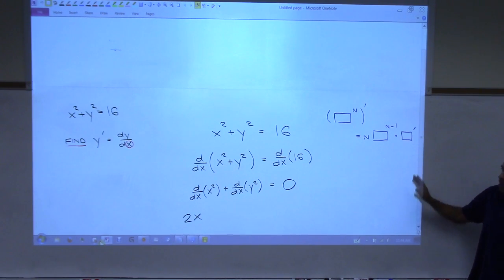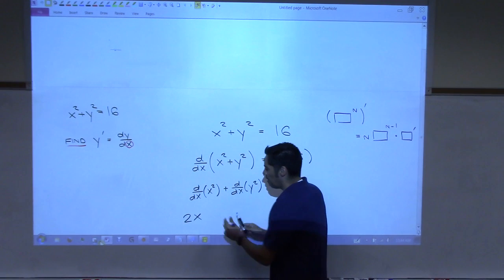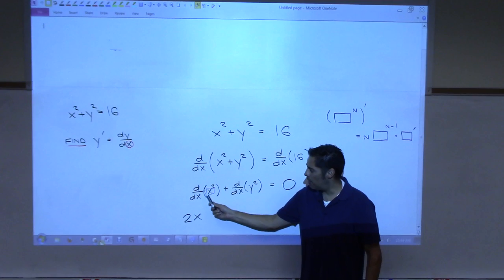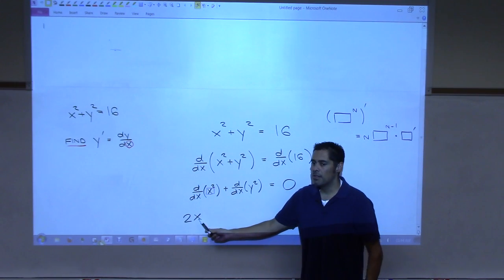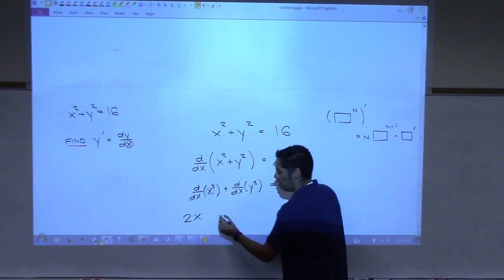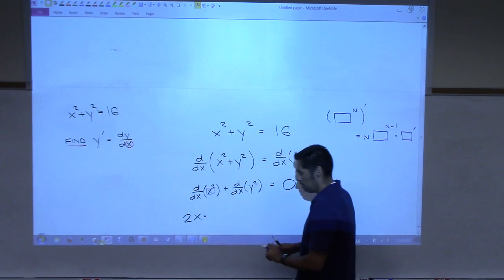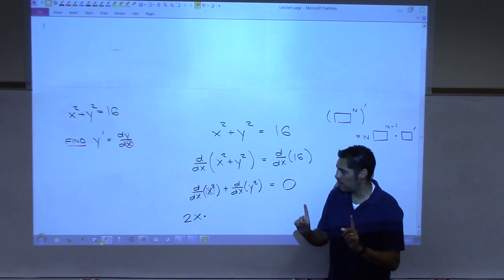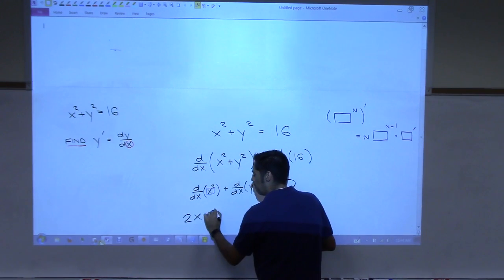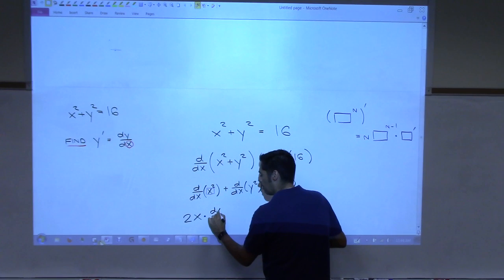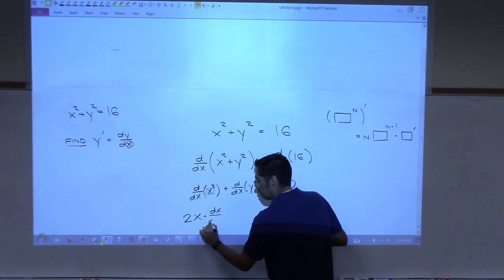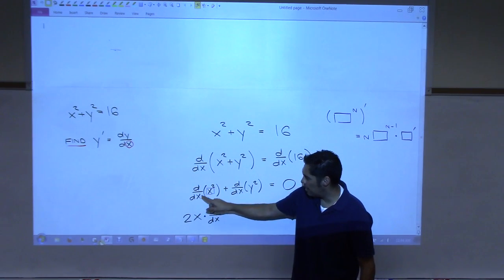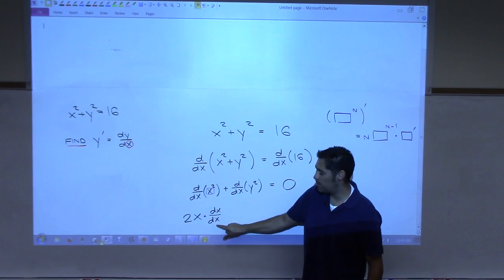When I just did this, I want you to look at that x down here as being the box. So 2 came out, 2 times x. Now chain rule, times the derivative of what's inside of it. What's inside? x. So watch what I'm about to write. I'm taking the derivative of x with respect to x.